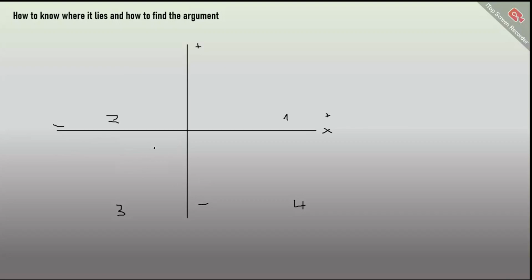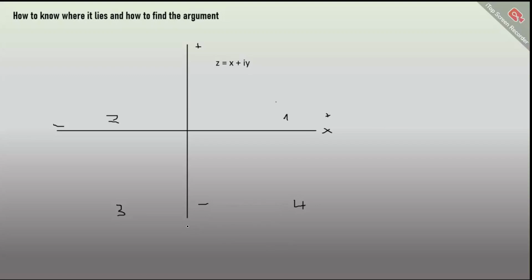In the third one, both are negative. In the fourth one, the real is positive. The imaginary is what? Definitely negative. So when x is positive and y is positive, it's going to be in the first quadrant.